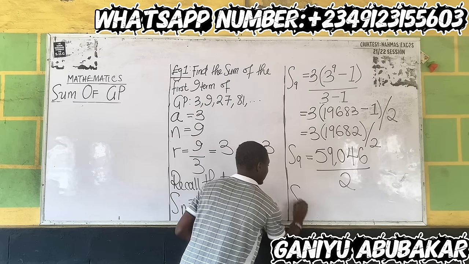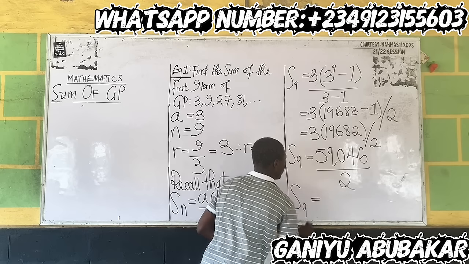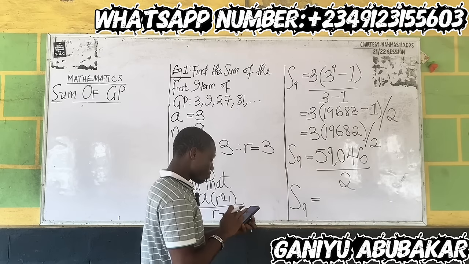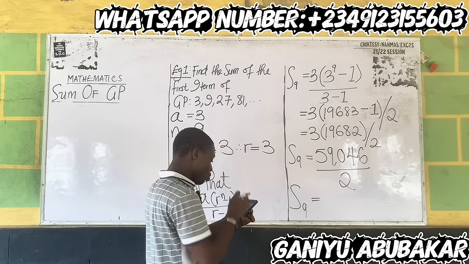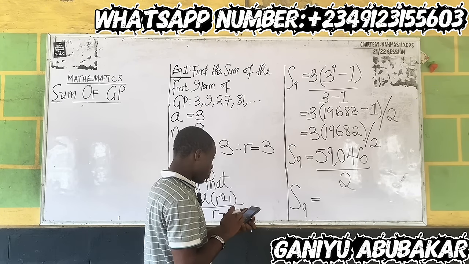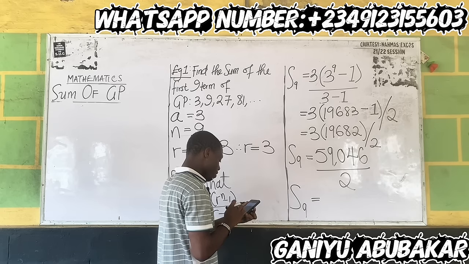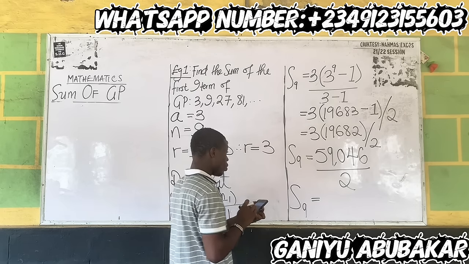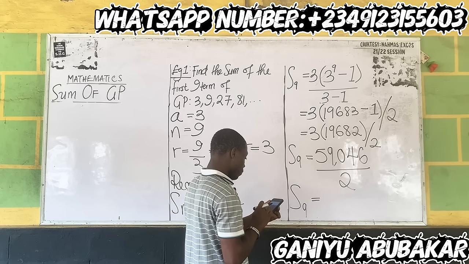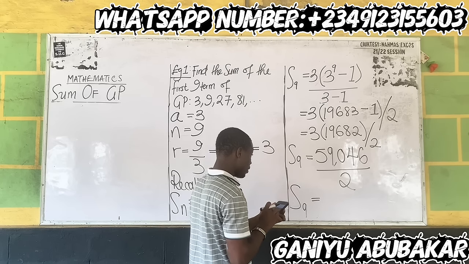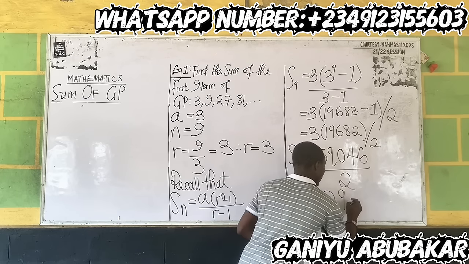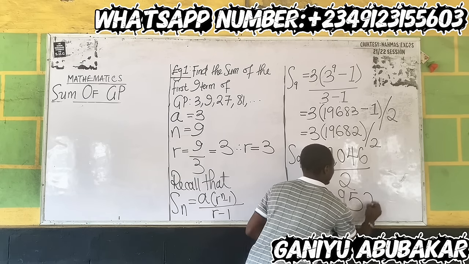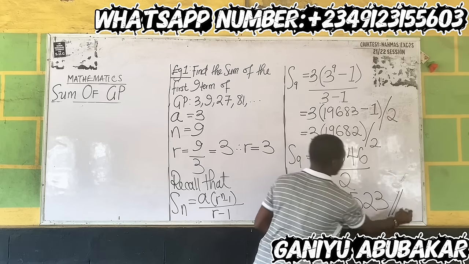It means that the sum of the ninth term of this sequence, sorry, of this GP will be equal to 59046 divided by 2. That gives you 29,523.